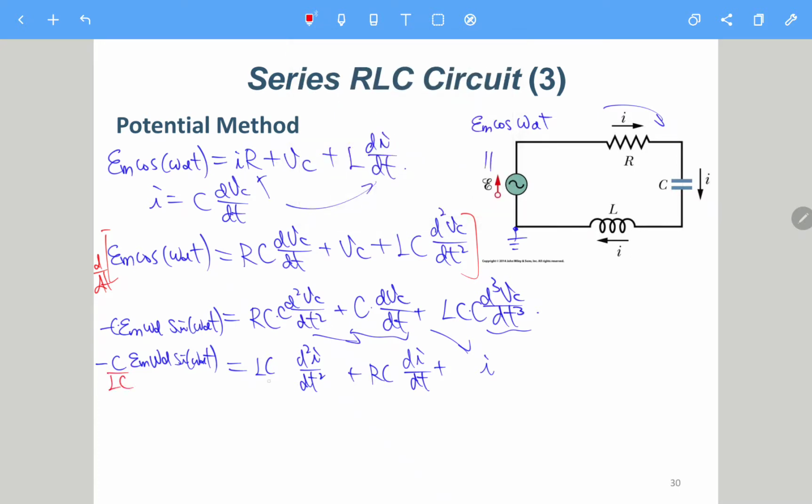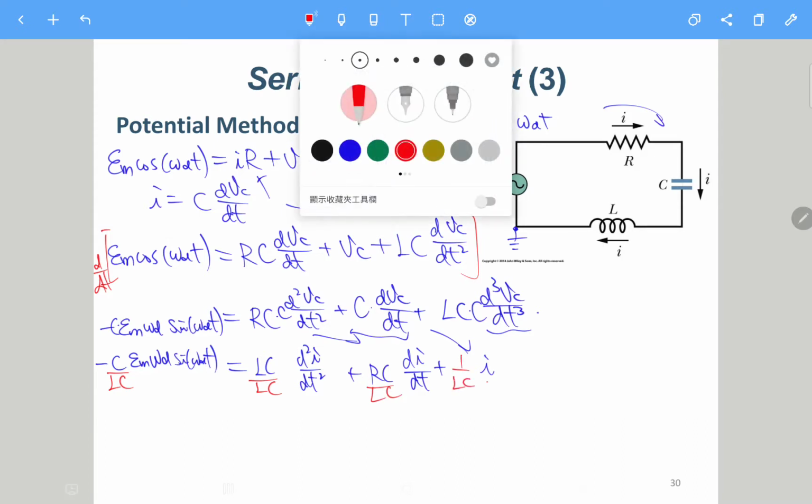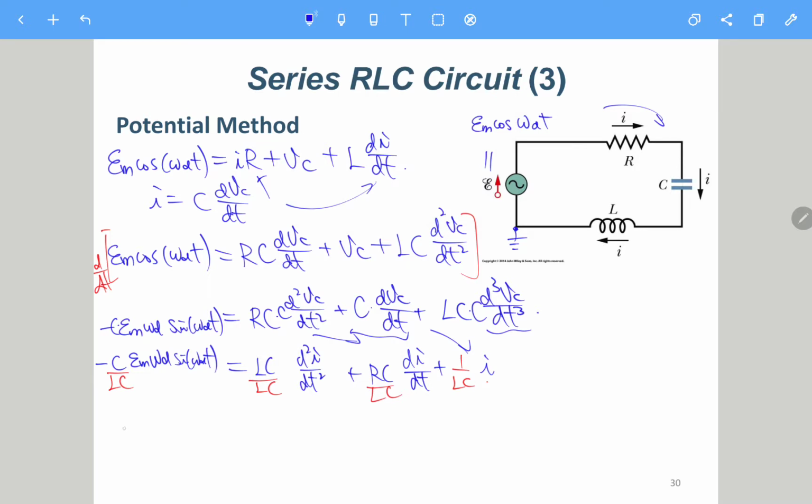So it becomes negative Em omega over L sine omega dt equals d2I dt2 plus R over L di dt plus 1 over LC times I. Okay, so in that case, this is a second order ODE with constant coefficients.